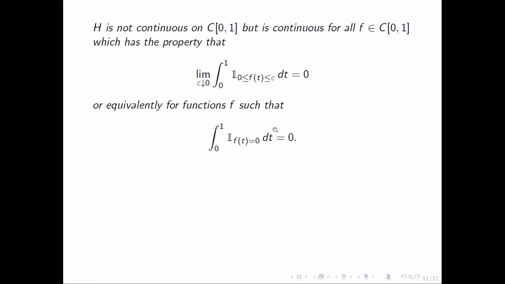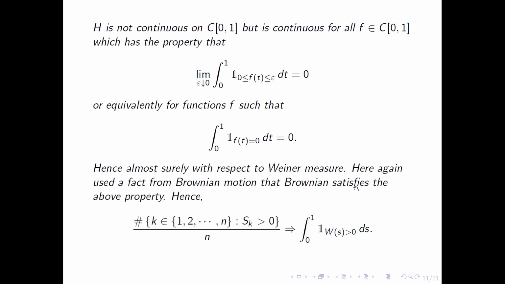So this is continuous for all these functions. And it is again a fact that the Brownian motion satisfies this. So if you look at the zero set of the Brownian motion, the set of t's where Bt is 0, this has Lebesgue measure 0. This is again a fact from Brownian motion.